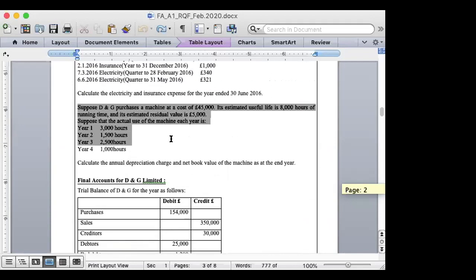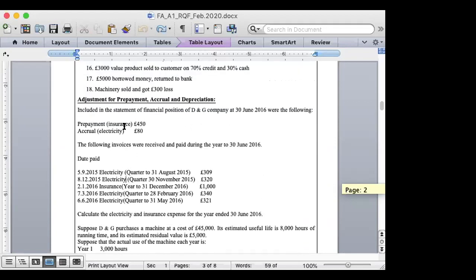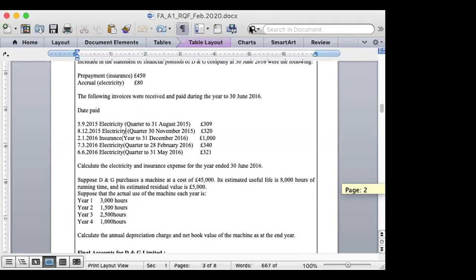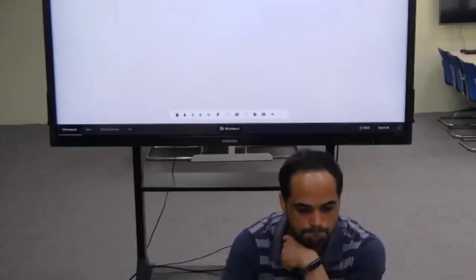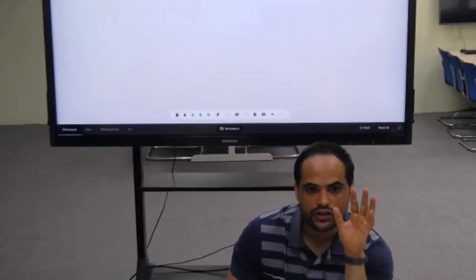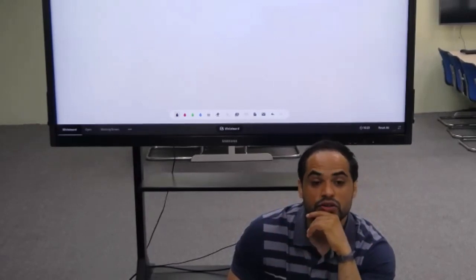So we will do prepayments and accrual together because the information is given together. Both items belong to the balance sheet. That's why we'll do them first. And then after prepayments and accrual, we move on to the depreciation part, right? So let's start with the calculation. I'll show you the calculation and then I will explain it to you, all right?